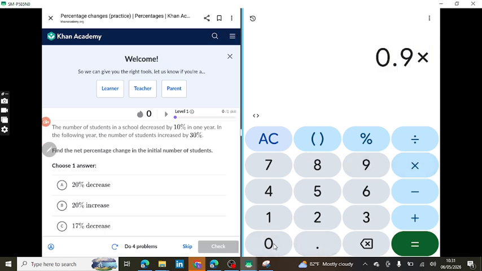Then, to increase the number by 30%, we multiply by what? 1.3. So this times 1.3 equals 1.17. 1.17 means what? 17% increase.